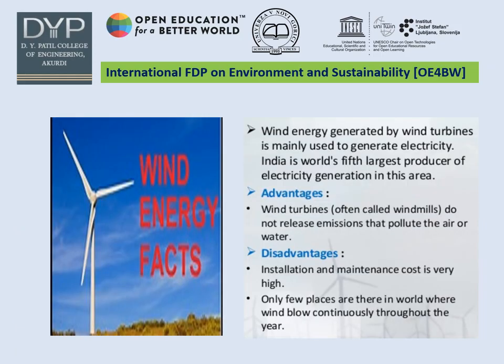Wind energy is generated by wind turbines and is mainly used to generate electricity. India is the world's fifth largest producer of electricity generation in this area. The advantage of wind energy is that wind turbines do not emit carbon dioxide, and they do not pollute the air or water.